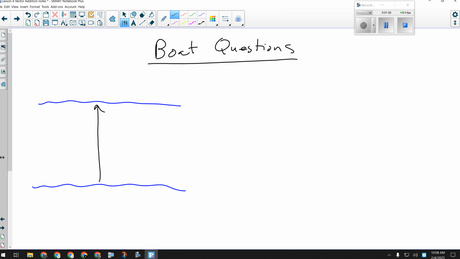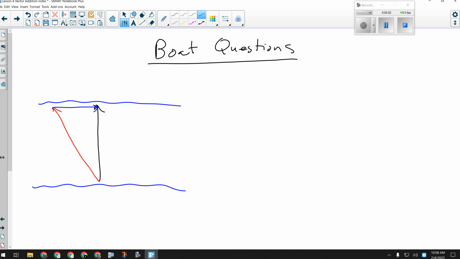If I'm going to end up doing that, I probably have to direct my rowing slightly where? Slightly upstream. I got to row a little bit into the current to make this happen. So in a going across question, you're going to row at a diagonal, and the current will push you back to straight across.